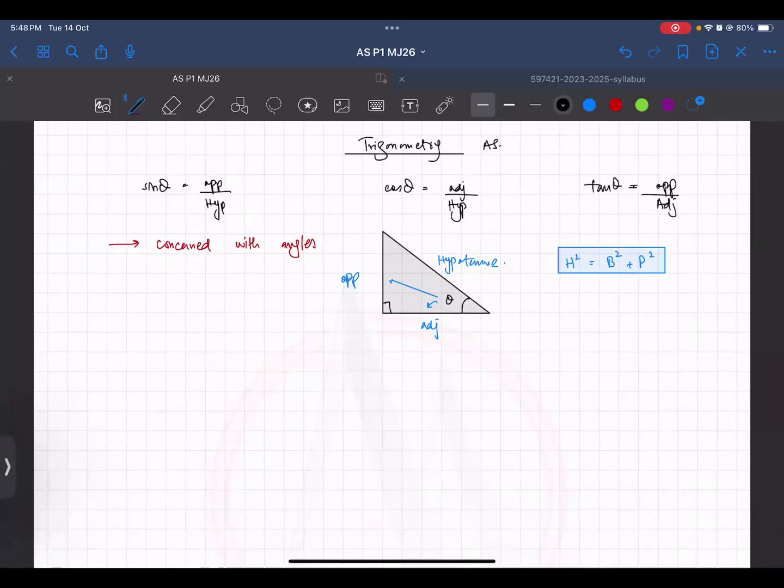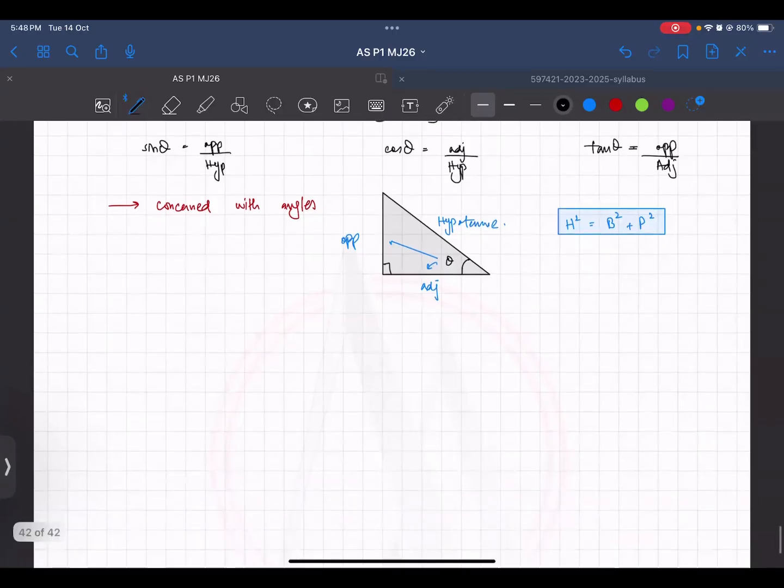So we know that these are the three things, and how can we start now? First of all, with a simple example.